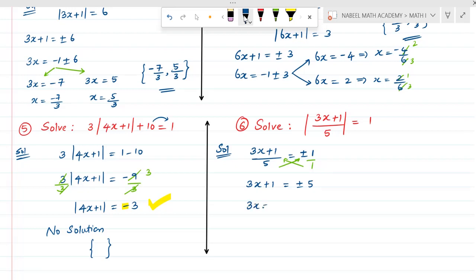Now 3x = -1 plus or minus 5. So you will have two solutions. They are 3x = -6 and 3x = 4. If you simplify, x = -2 and x = 4/3. Therefore, the solution is -2, 4/3.